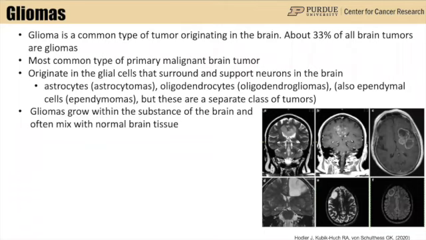The 2 types of glioma that we'll be primarily focusing on today are astrocytomas, which develop from astrocytes, which are glial cells which support the metabolic processes used by neurons.